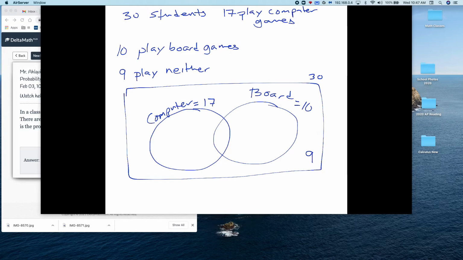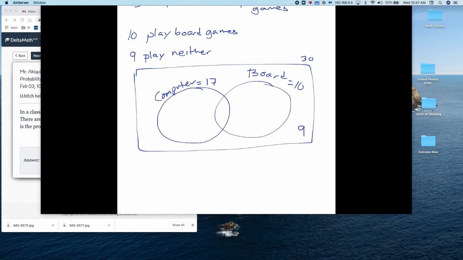Now, I know there's 30 students in here, but if I take the 17 plus the 10 plus the 9, I end up with too many, right? That's 27 plus 9 more is 36, which means we have to have an overlap. We're only supposed to have 30.